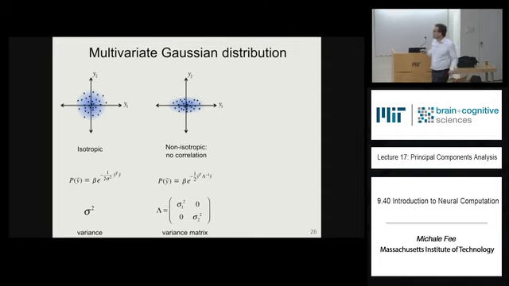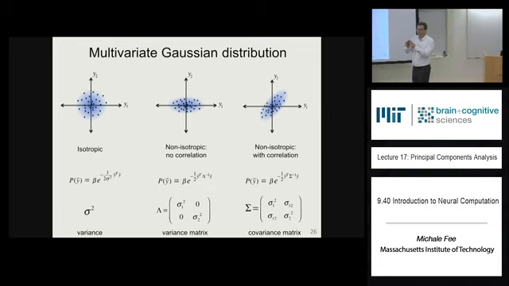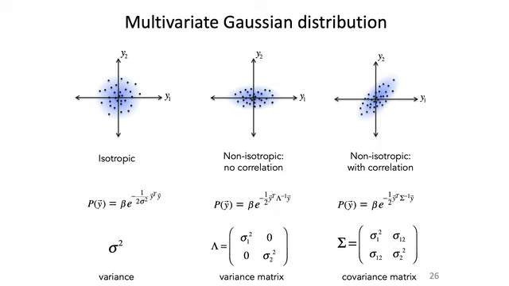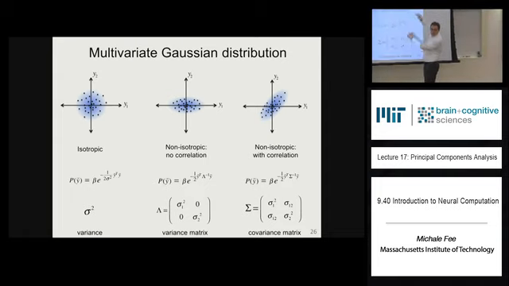Then we'll build an arbitrary Gaussian distribution that can be stretched and warped in any direction by using a transformation matrix called a covariance matrix, which just tells you how that distribution is stretched in different directions. And we can stretch it in any direction we want.